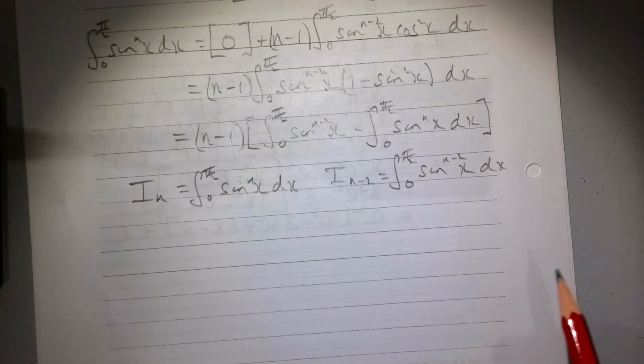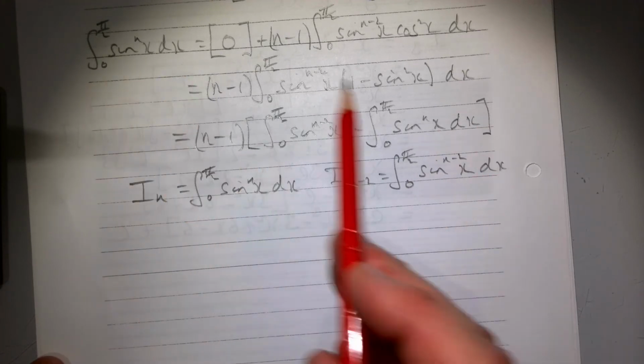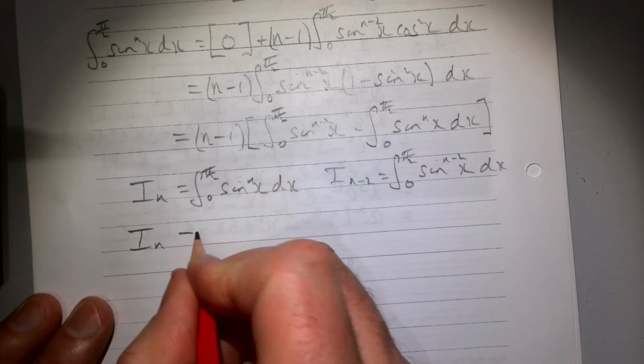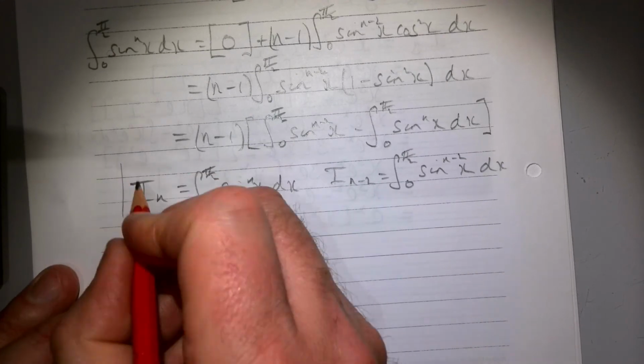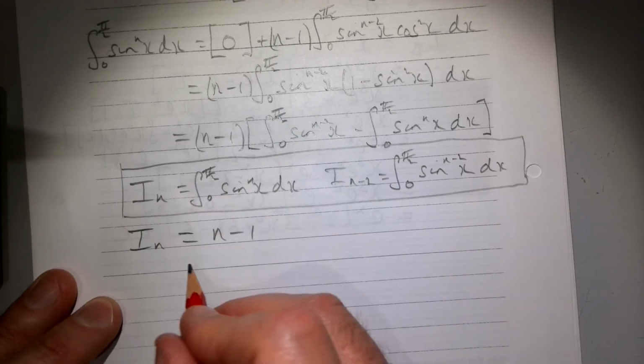So that means our original question, if you can work out where we are, this line here, that's I_n, is equal to n minus 1. I'm going to keep this wee bit separate, those are just defining those things.